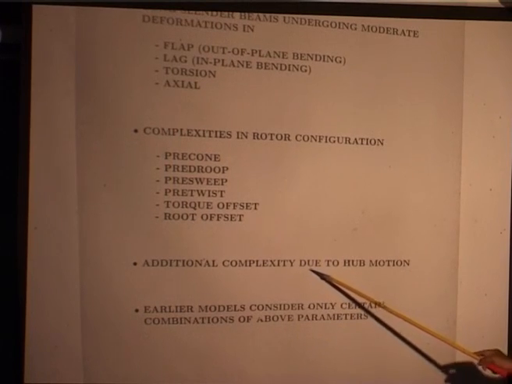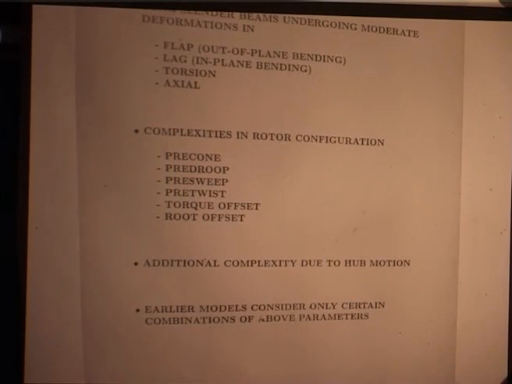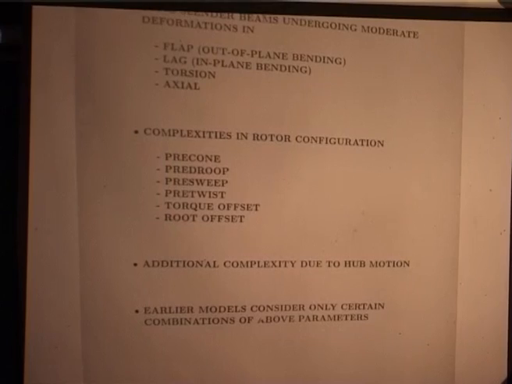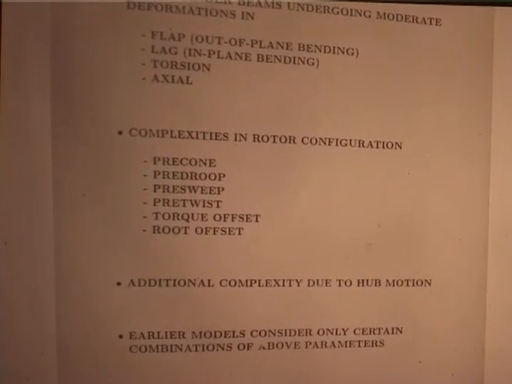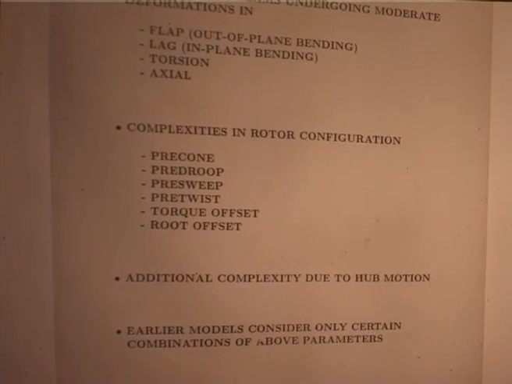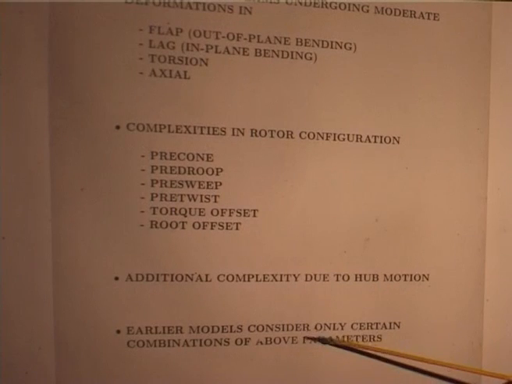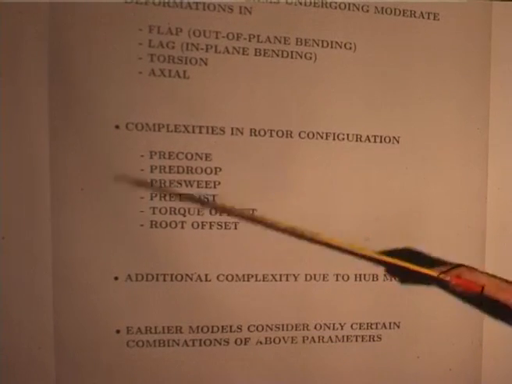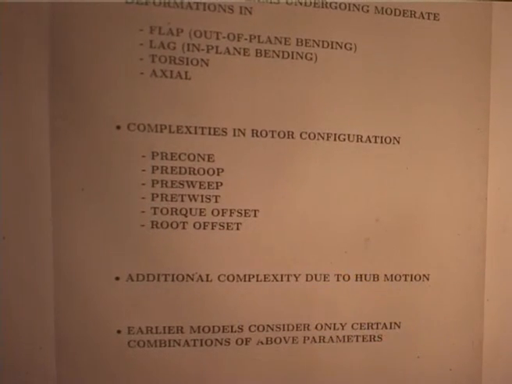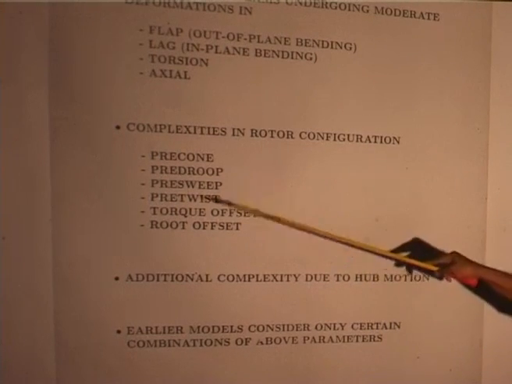and of course, an additional complexity is if the hub itself is moving. Hub fixed is one case. Suppose the hub moves, and in addition the blade is moving, then the problem becomes more complex. In the earlier formulation, they only took precone, which we have called beta P, very simple, but not all the other quantities.